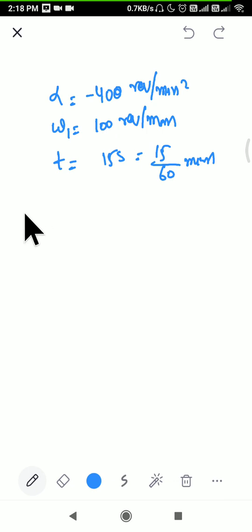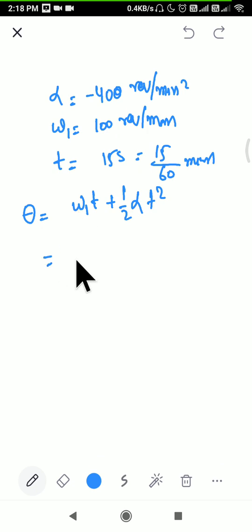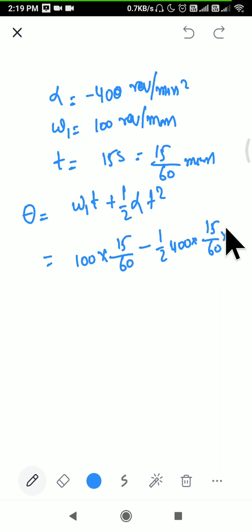Now we have to use the formula: theta is equal to omega 1 into t plus half into alpha into t square. This is equal to 100 into 15 by 60, minus, here instead of alpha I'm putting minus 400, so half into 400 into 15 by 60 whole square, right?